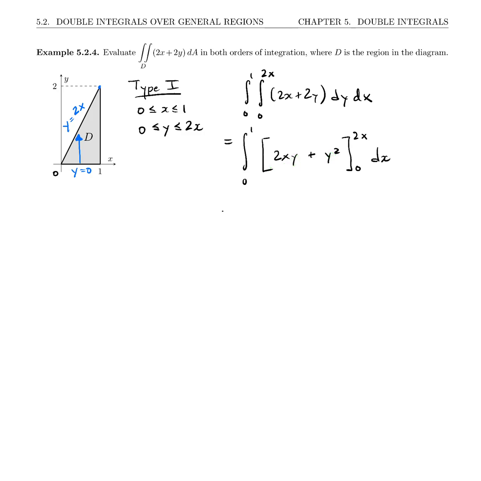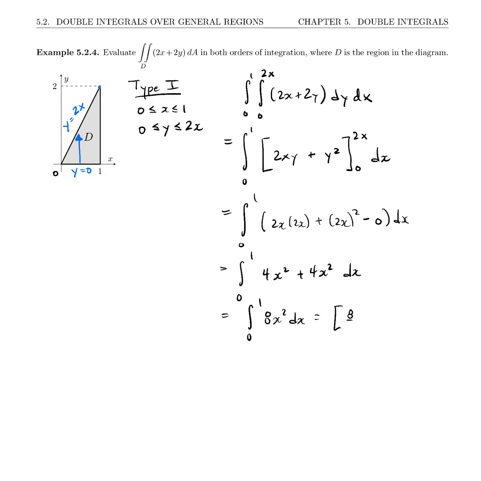So we end up with the integral from 0 to 1 of 2x times 2x plus 2x all squared minus 0 dx, which is the integral from 0 to 1 of 4x squared plus 4x squared dx, or the integral from 0 to 1 of 8x squared dx, which is 8/3 x cubed from 0 to 1, or 8/3.